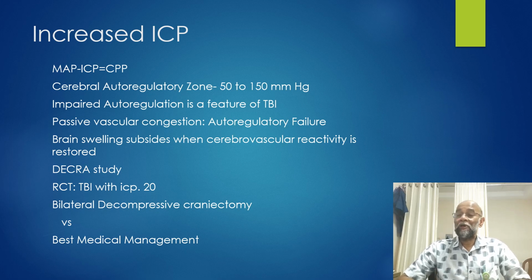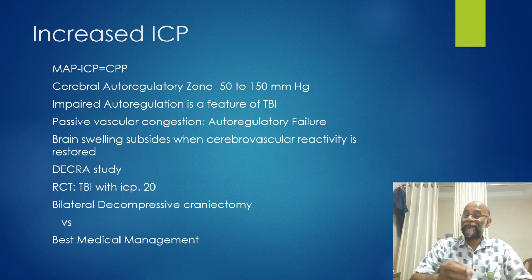They found that actually doing bilateral decompressive craniectomies, which would control the ICP, did not really improve neurological outcomes. The reason is that head injury neurological dysfunction is not just because of increased ICP, but because of multiple factors. One of the most important of which is probably a failure of cerebrovascular reactivity.